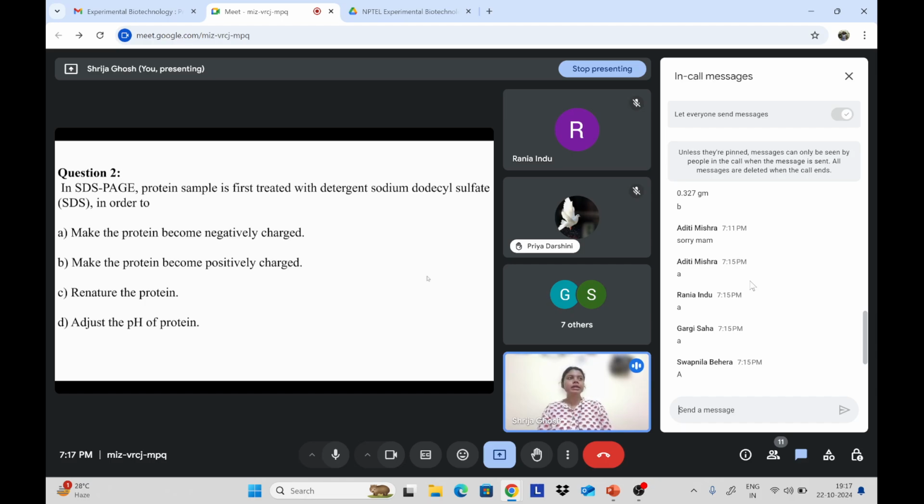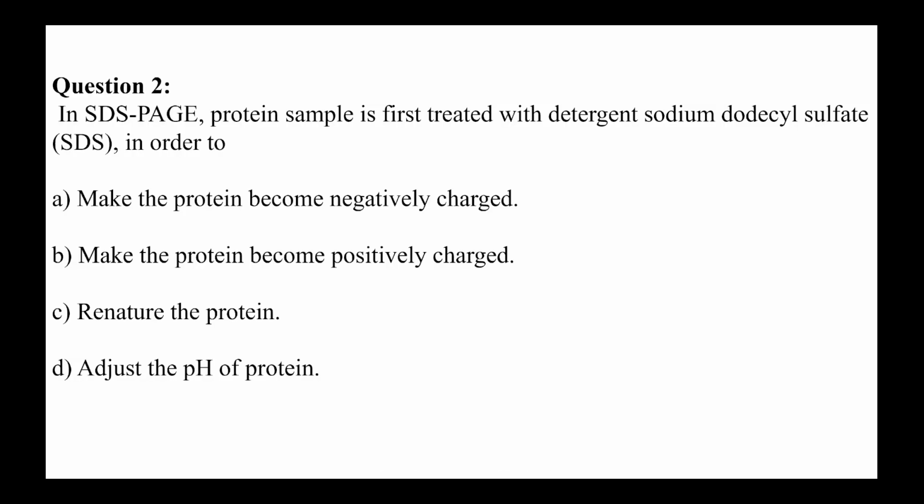In nature, proteins are completely folded, so they have a smaller hydrodynamic radius as compared to their unfolded form. So, the unfolded form can give us the exact molecular weight of the protein. Okay. So, all of you have answered option A, that is the correct answer.